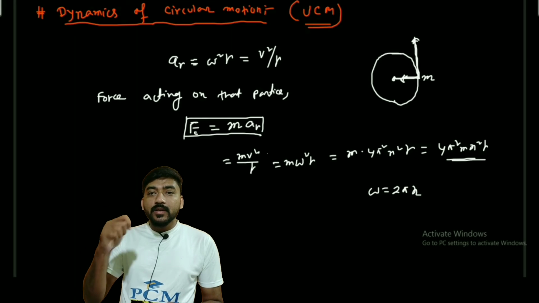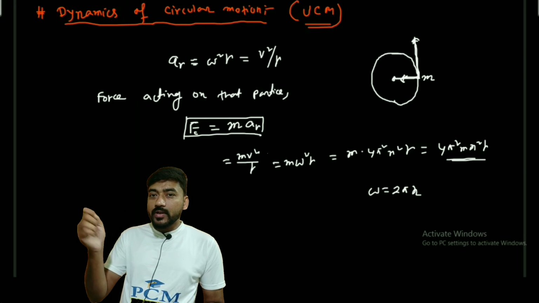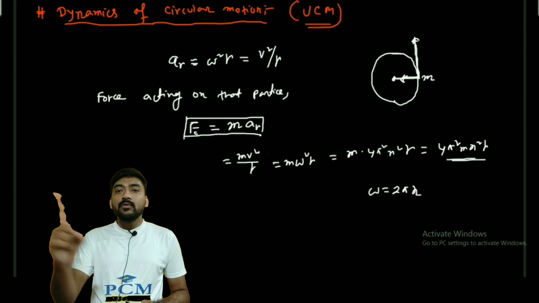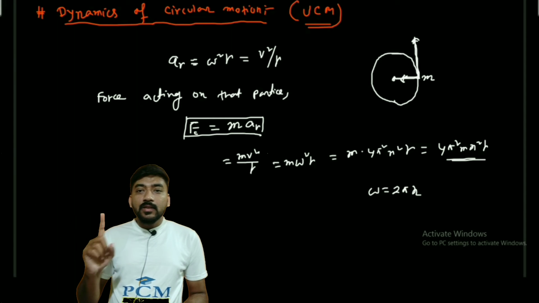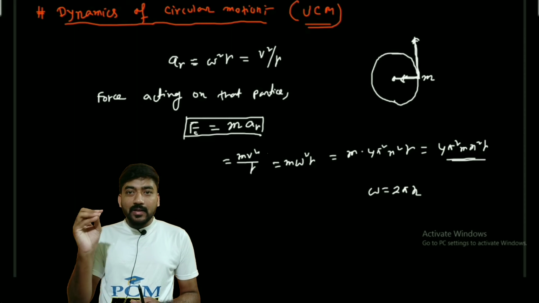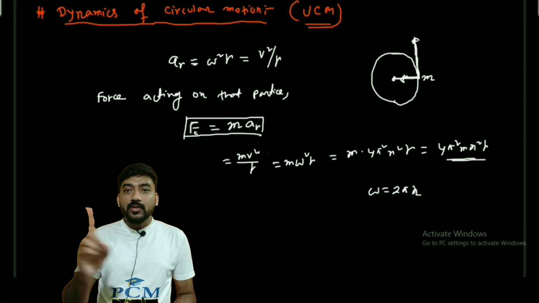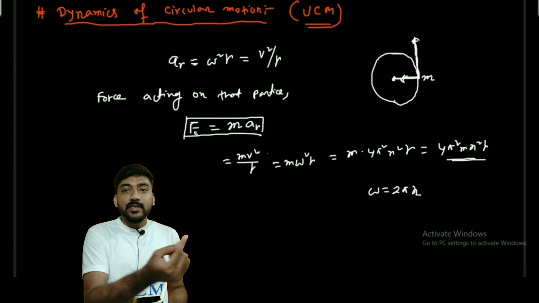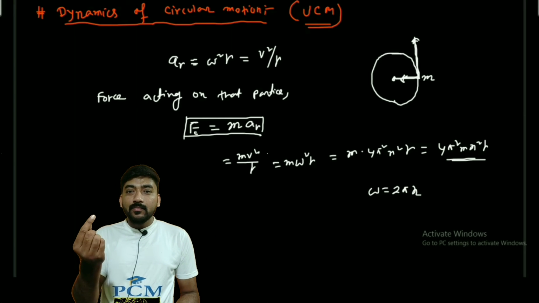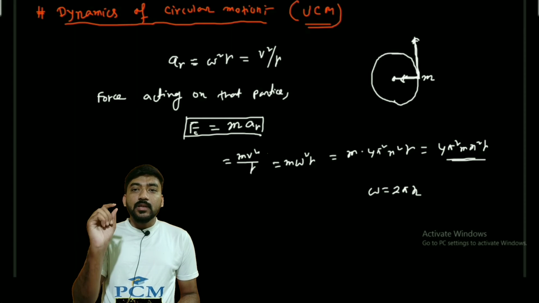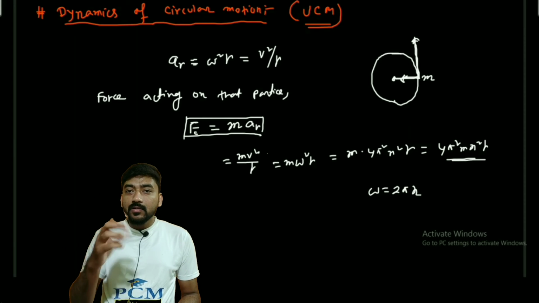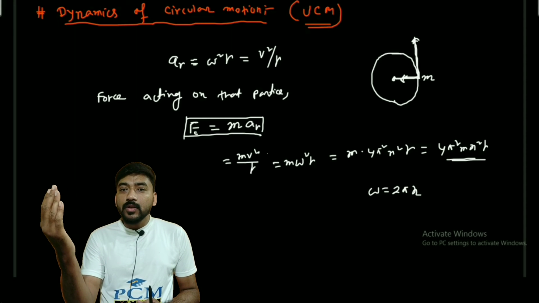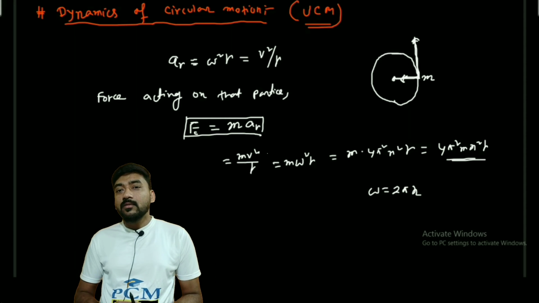If you rotate the object using the rope along a horizontal circle, it will move. But the particle executing circular motion wants to go along the tangent at every instant, and if at any instant the rope breaks, then the particle will move along the tangent.